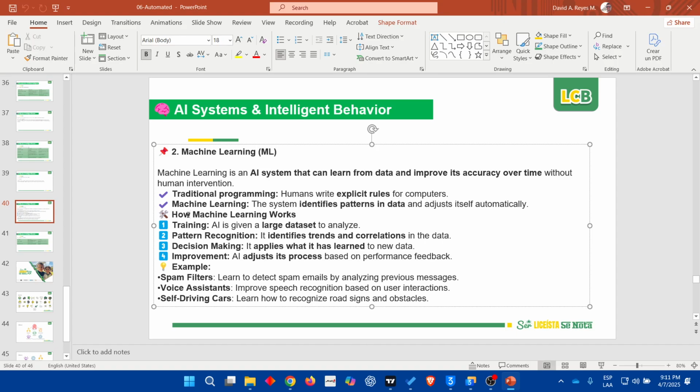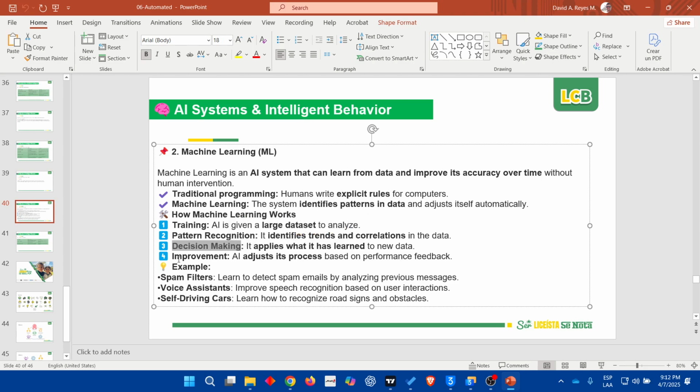Okay. Now, how does machine learning work? Training. So the artificial intelligence is given a large data set to analyze. So it's going to analyze a lot of information. It's going to recognize patterns. And it's going to start making decisions according to the information that it has learned.